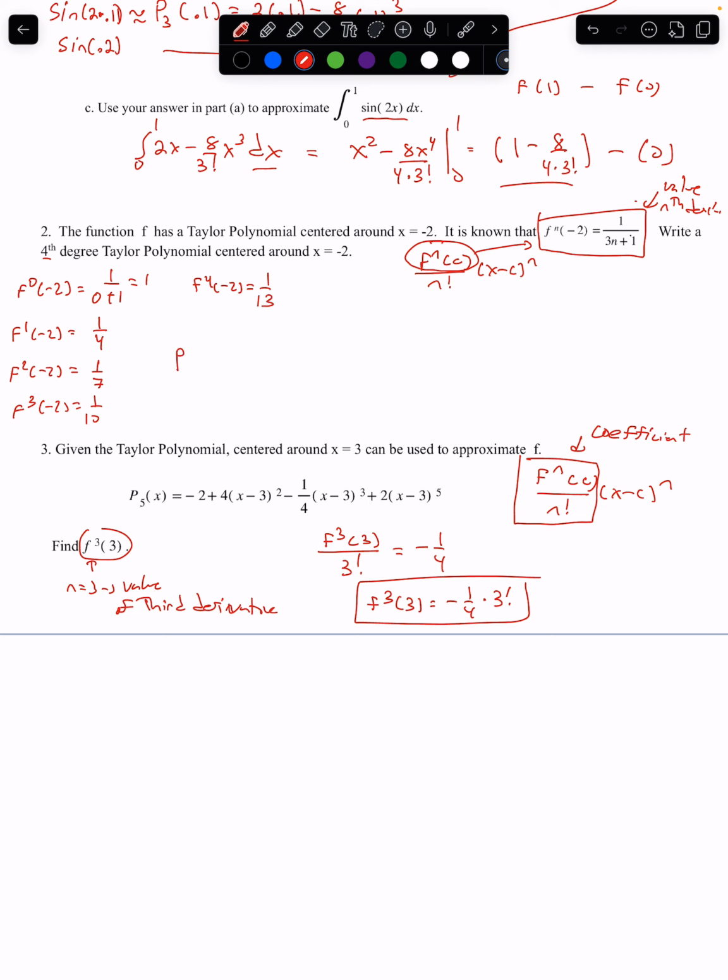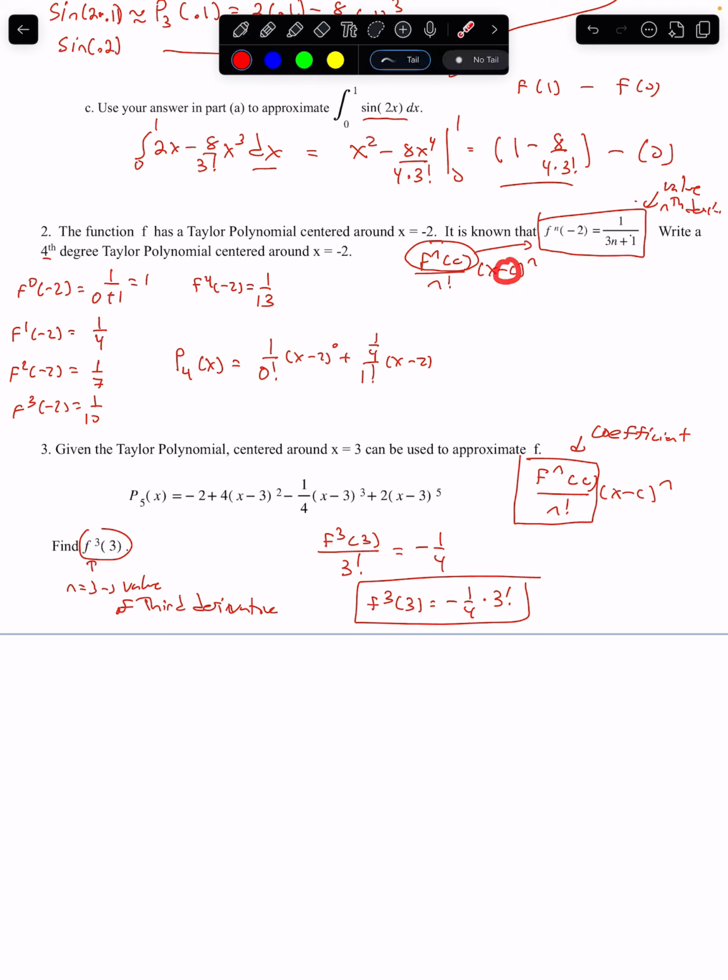And I want to write my fourth degree Taylor, so I'm going to set up my notation. Let n be 0, 1 over 0 factorial. Now I'm building up my Taylor: 1 over 0 factorial, x minus my center to the 0, plus 1 over 4 over 1 factorial, x minus 2. Whoops, sorry, we're centered at negative 2. I messed up there.